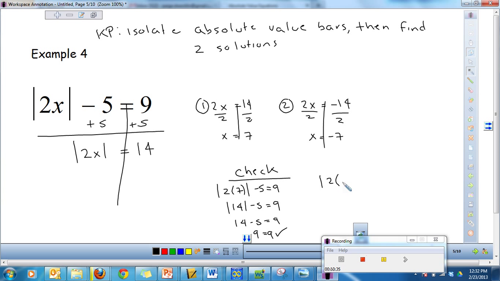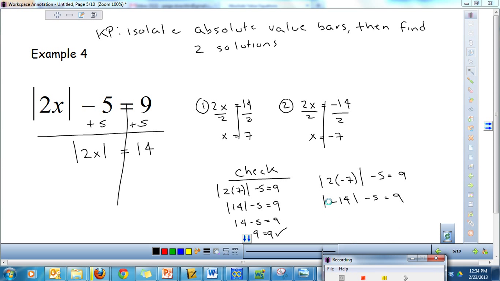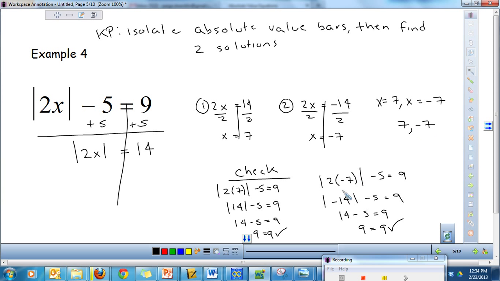Is the absolute value of 2 times negative 7 minus 5 equal to 9? Well, 2 times negative 7 is negative 14. The absolute value of negative 14 is 14. 14 minus 5 is 9. So it works. So our solution is either x equals 7 or x equals negative 7, or we could say 7, negative 7.